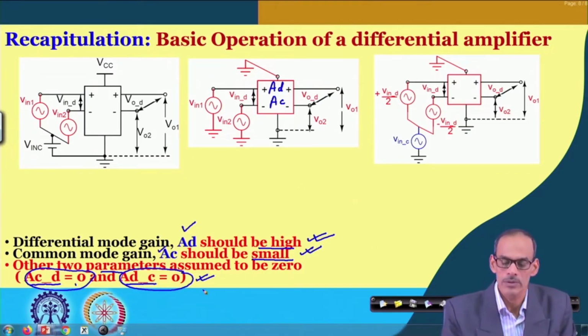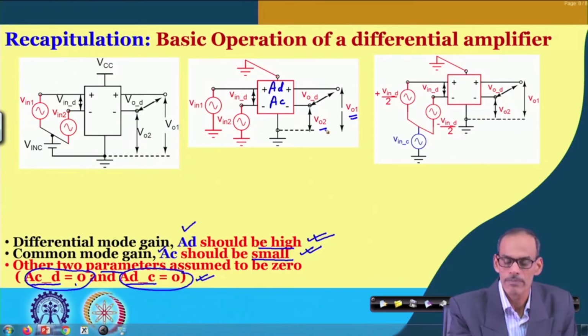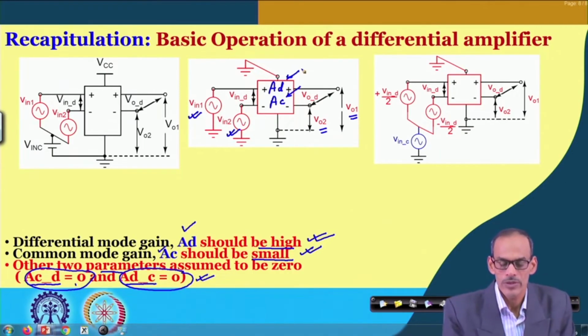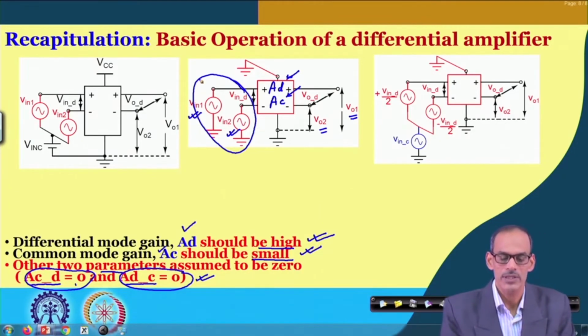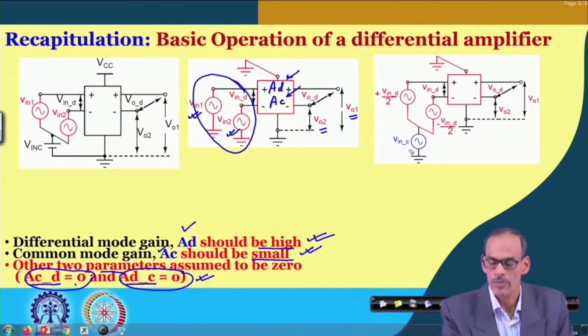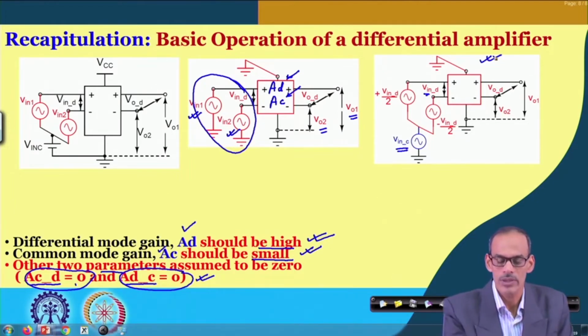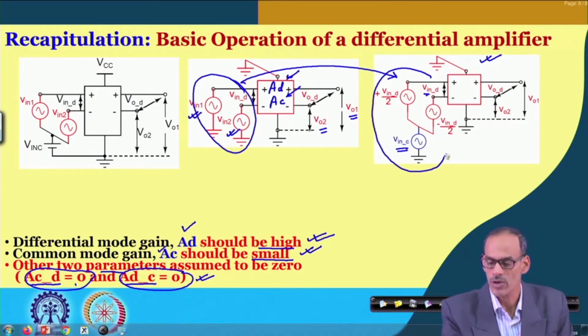Now, to see the output in terms of whatever input we are applying here, and in case we have these two parameters, namely the common mode gain and differential mode gain, we need to translate this pair of signals into the form of a common mode component and a differential component. So, this circuit is equivalent, only the representation of the input stimulus is different.